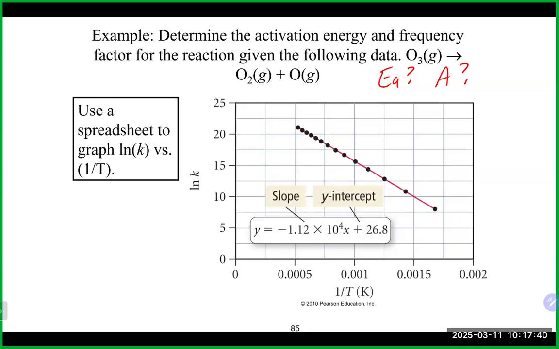So once again, remember our slope of this line here is going to equal minus Ea over R. So we can use that to get to our activation energy, which is what we're looking for. We'll take our slope, which is this front number here. We also, again, need the negative in this case to make sure that we do end up with a positive value for our activation energy.